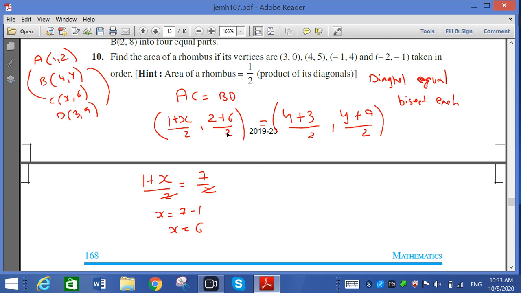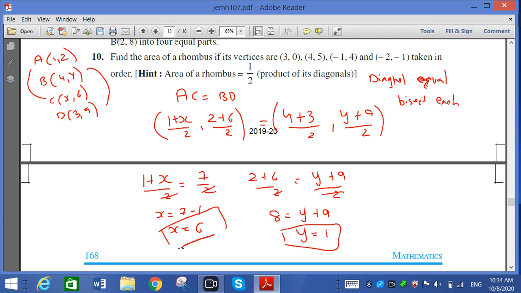Now 2 plus 6 by 2 is equal to y plus 9 by 2. The 2s cancel. 8 is equal to y plus 9. So y is equal to minus 1. So the value of y is minus 1 and the value of x is 6.